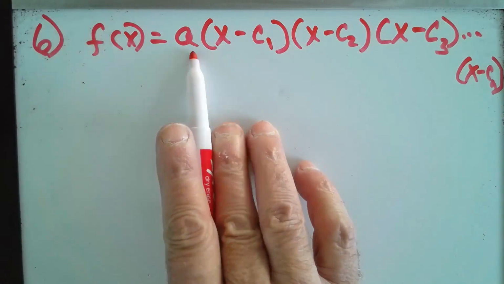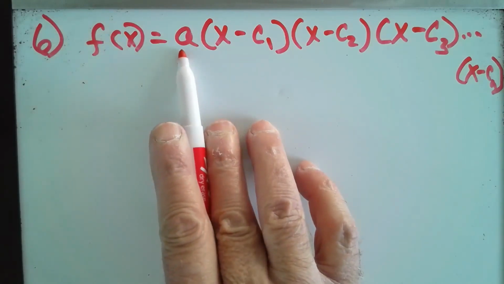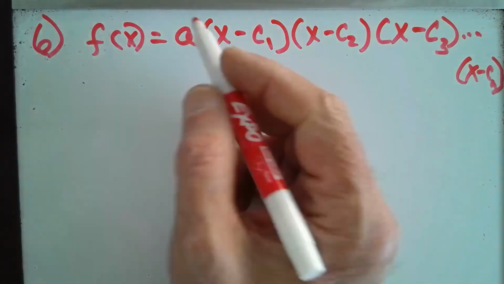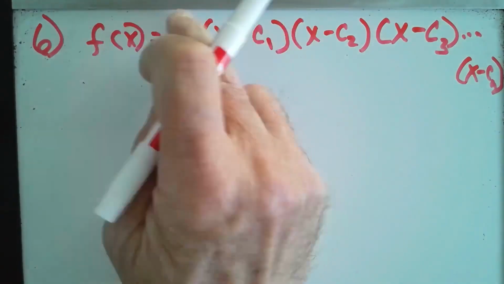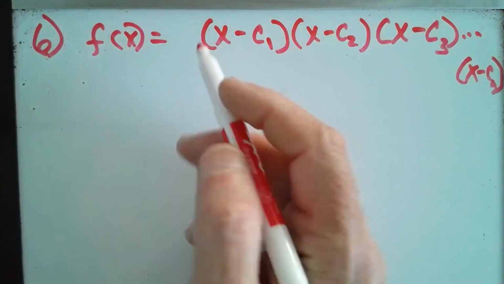Now they're saying that a, this leading coefficient, is 1, so we can just drop it, because 1 times anything is just that same number.